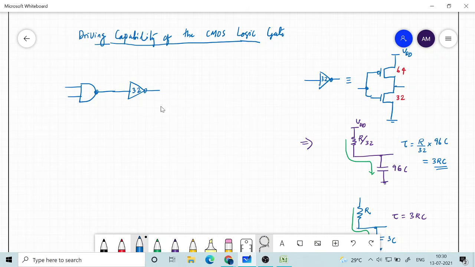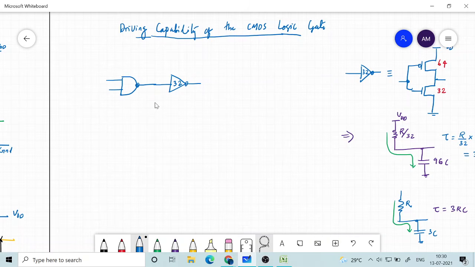Now suppose this is a scenario, I have a big inverter at the output. So its input capacitance, which will be my load, is how much? Basically the sum of the NMOS and the PMOS capacitance.